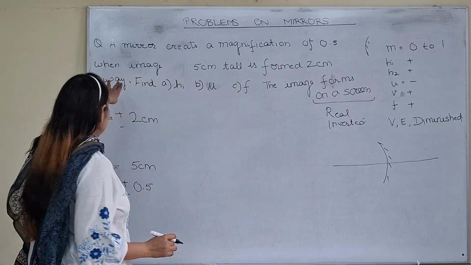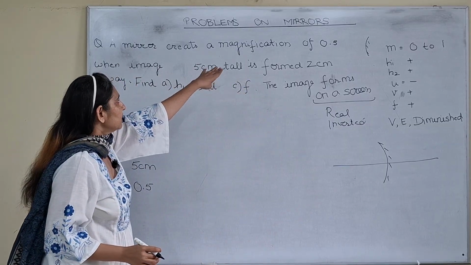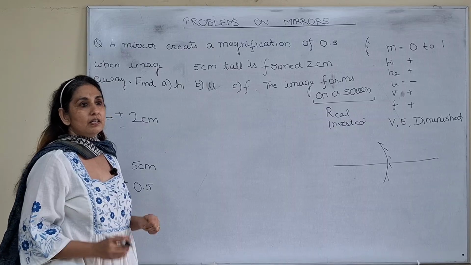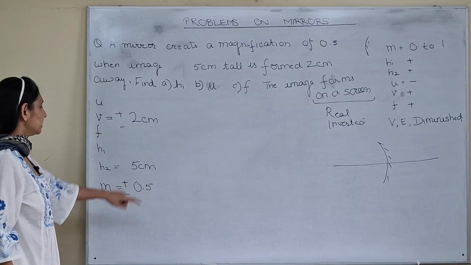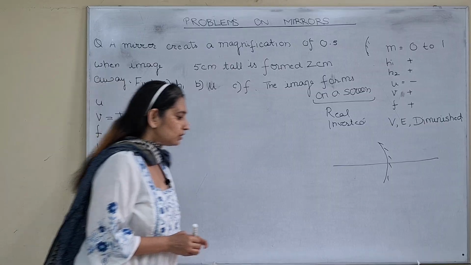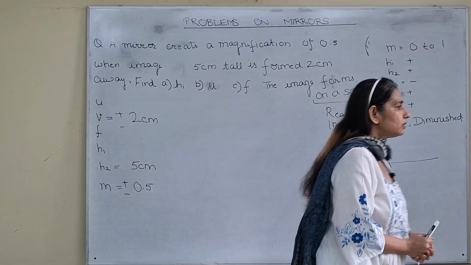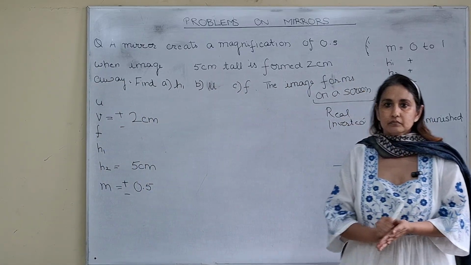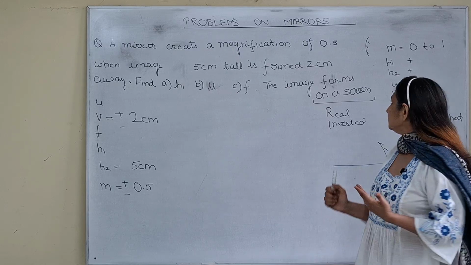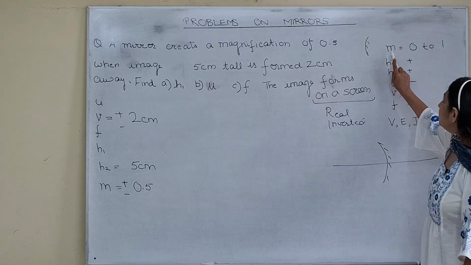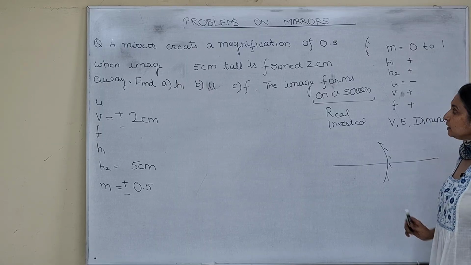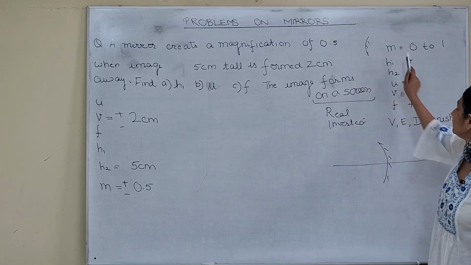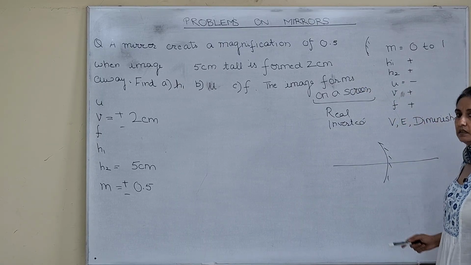Now let's read it again. Forms a magnification of 0.5. Now tell me what sign to put here. In magnification 0.5, should I put plus or should I put minus? Okay, just for a recap, magnification for convex is 0 to 1. This number 0.5 lies here. Correct?